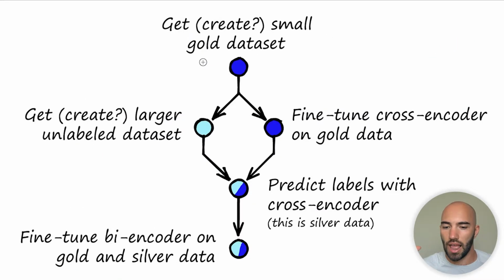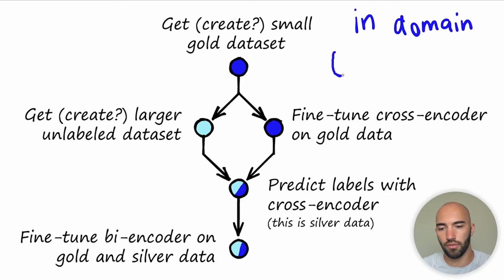That strategy of creating a silver data set, which we then use to fine-tune our bi-encoder model, is what we refer to as the in-domain augmented SBERT training strategy.